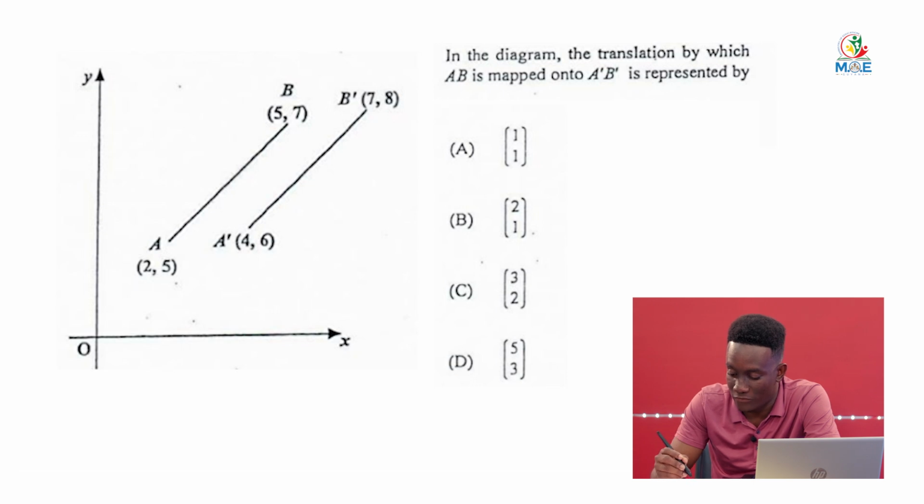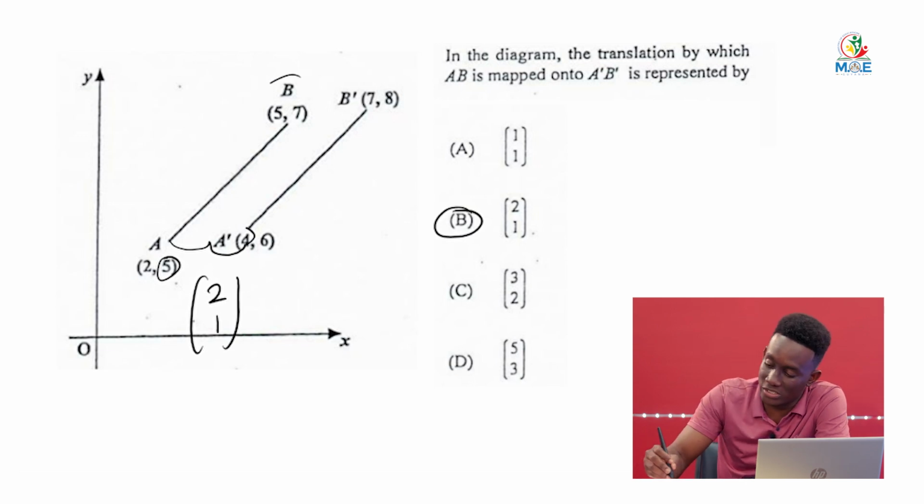We see A we have 2, 5, and A prime, we have 4, 6. So to move from 2 to 4, we jump across 1, 2. And then if we move from 5 to 6, we jump up 1. So we can say the translation would be 2 across and 1 up, which is (2, 1), which is B.